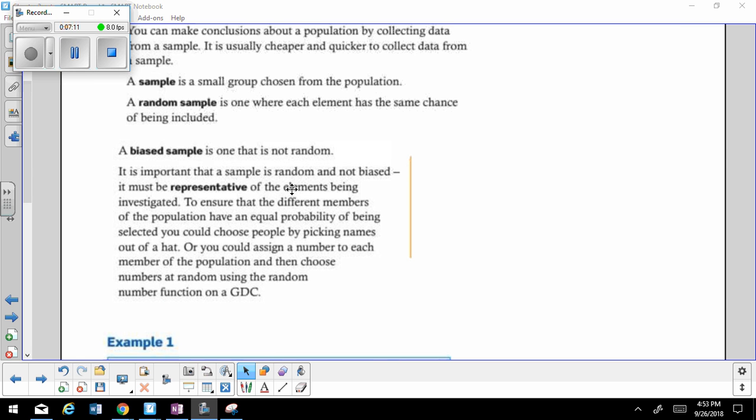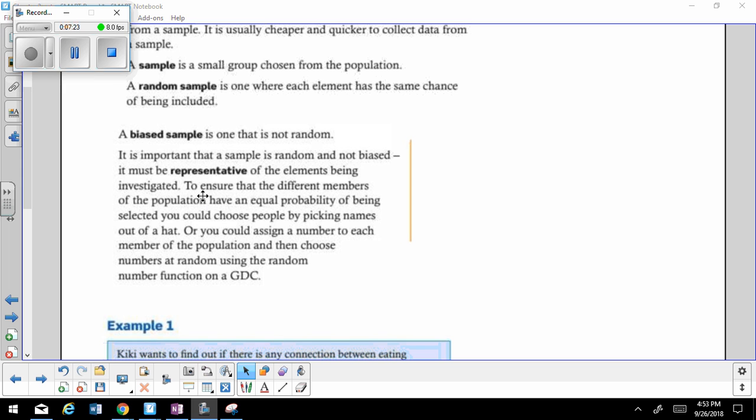You can still get quite a few points, but in your math portion, you won't be able to get as many if you start off with a biased sample, because you can't draw any conclusions on it because it's not representative. Okay, so to help randomize everything, they use picking numbers out of a hat. We can use a random number generator on your graphing calculator, which I will show you later.